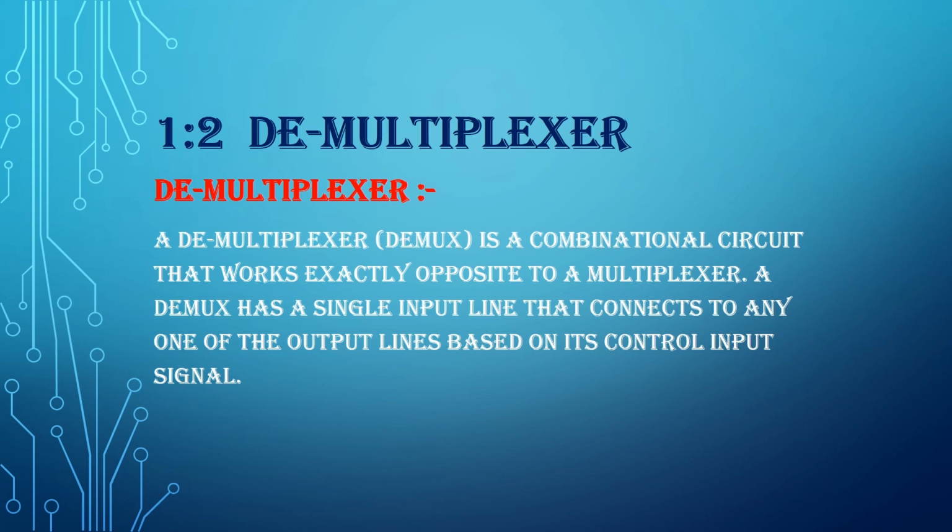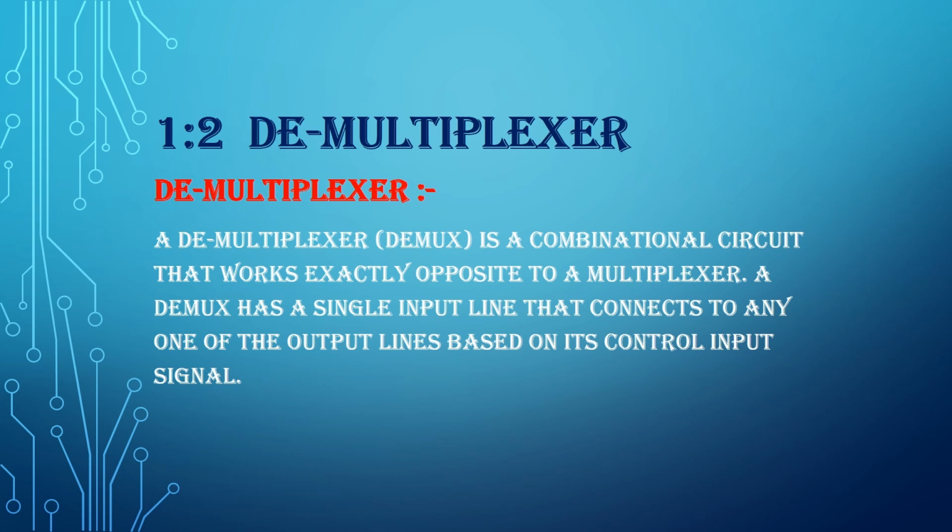A demultiplexer is a combinational circuit that works exactly opposite to a multiplexer, which we can simply call a demux. A demux has a single input line that connects to any one of the output lines based on its selection input.